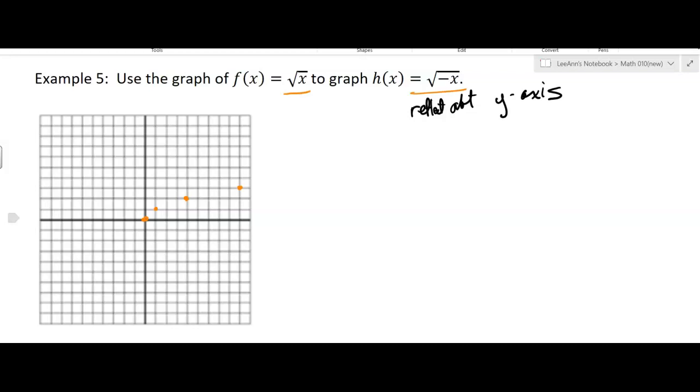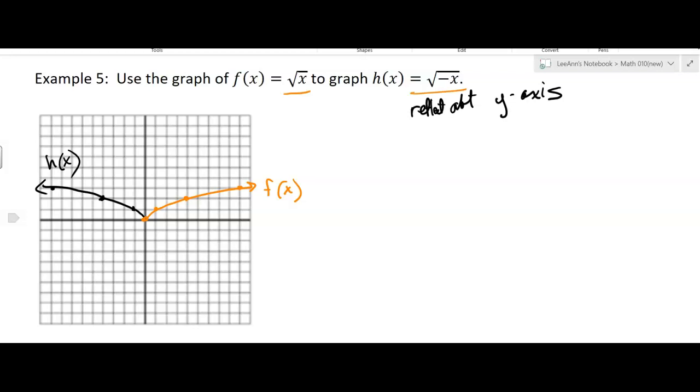So I'm going to get points here. Each of these points are going to reflect, they're going to go the other direction. 1, 2, 3, 4, 2, and -4, 2, and -9, 3. So it's going to go this way. I forgot to draw the curve on the first one. Okay, so this is f of x, and then this, they called it h of x. So they can be on the same graph or you can use both graphs.